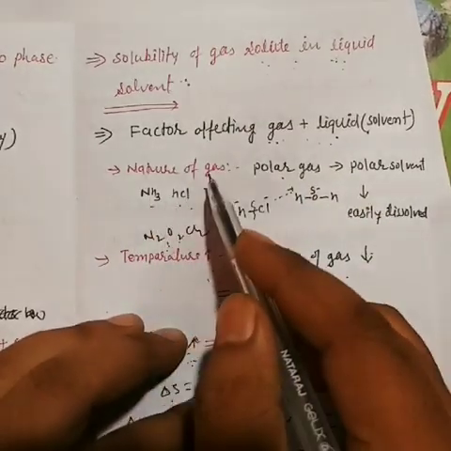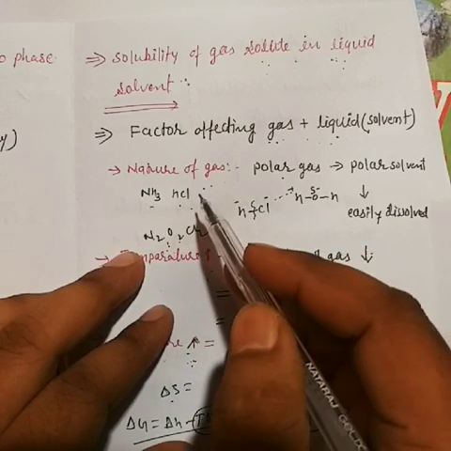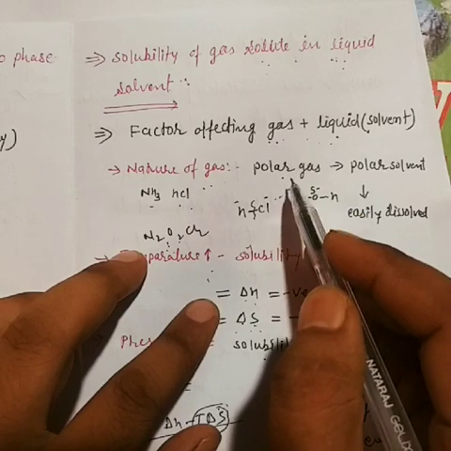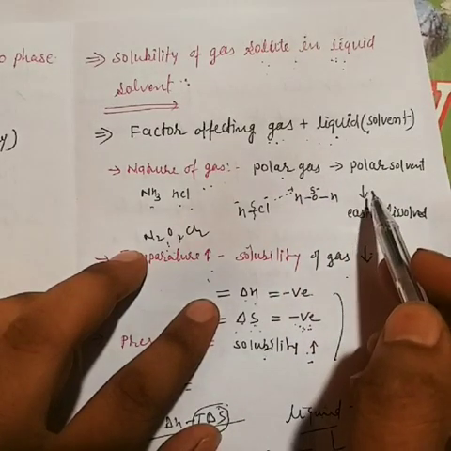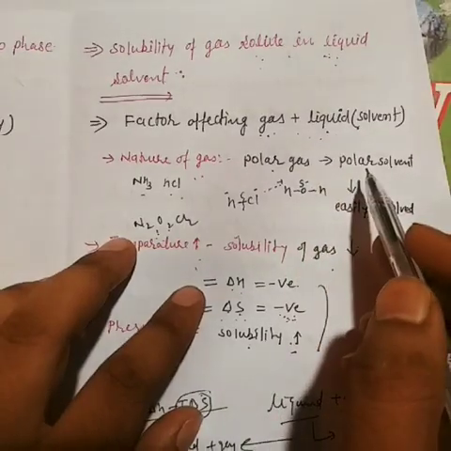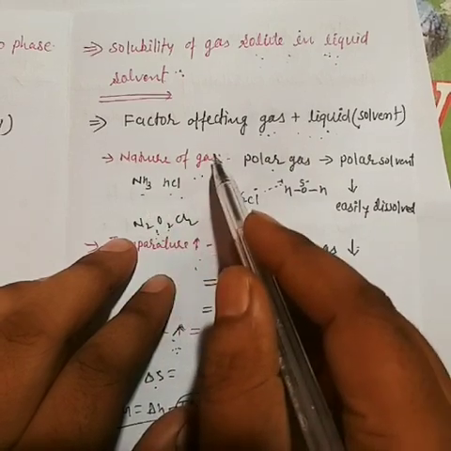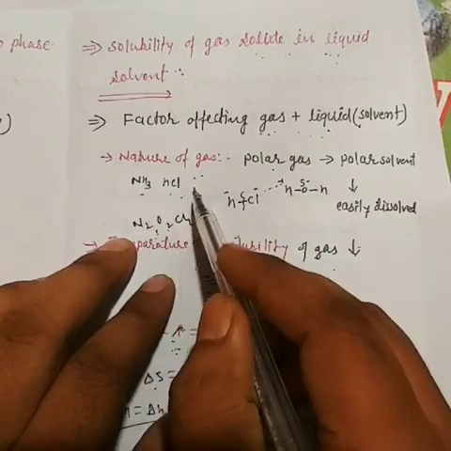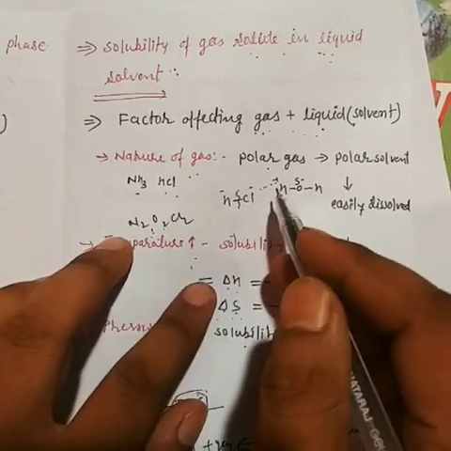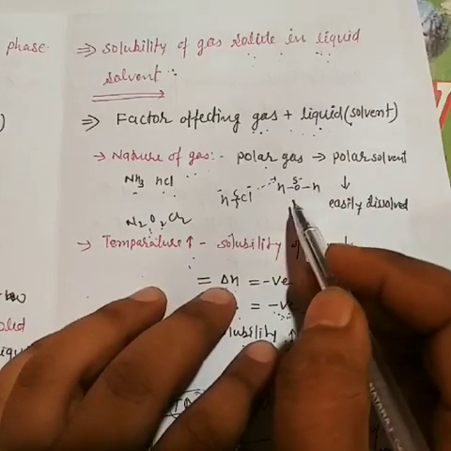First of all, we talk about the nature of gas. Whenever we take a polar gas dissolved in a polar solvent, see what happens. Polar gases are, for example, ammonia and HCl, both polar. And the polar solvent is like water.